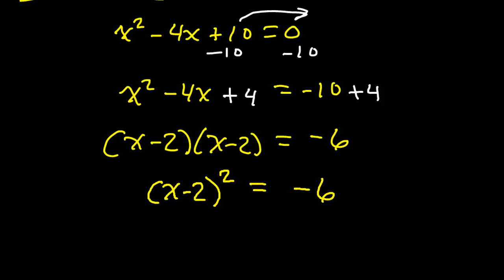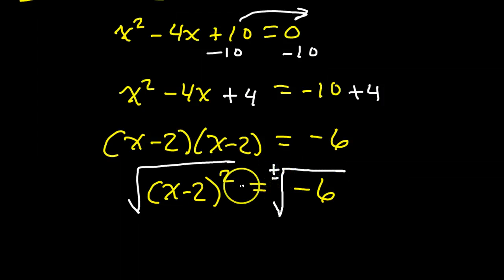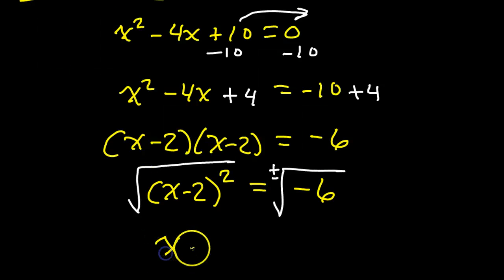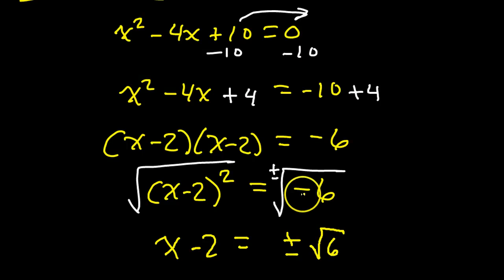Now I can easily solve this by taking the square root of both sides, like this. Do not forget your plus or minus on that. And that is going to give me x minus 2 is equal to plus or minus radical negative 6.